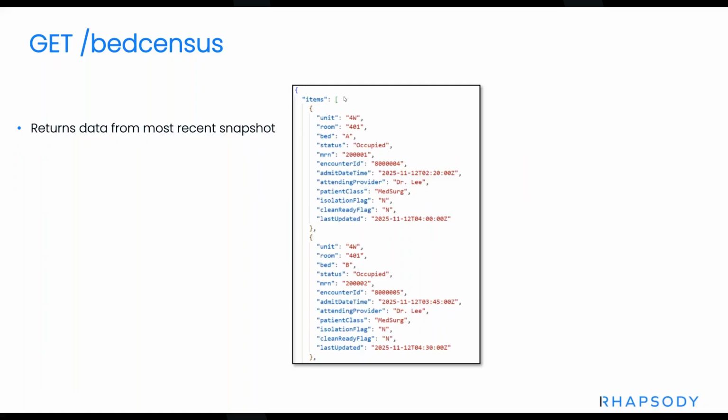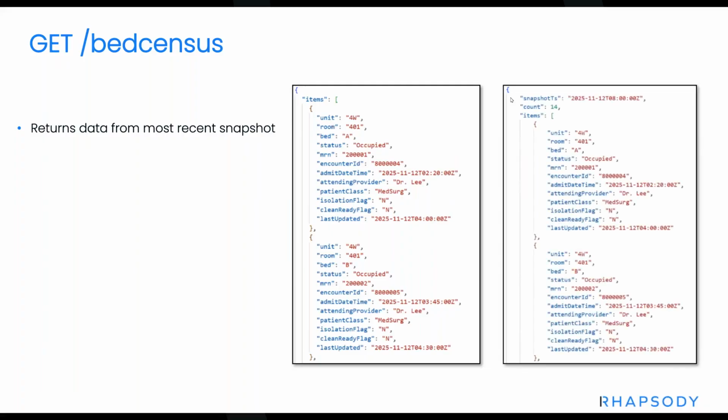So JSON, an array of items, and really the items are just all the columns that we had in our table there, except for the timestamp. The timestamp applies to all of them. Kind of our first evolution, I think, of our data could be considered here.